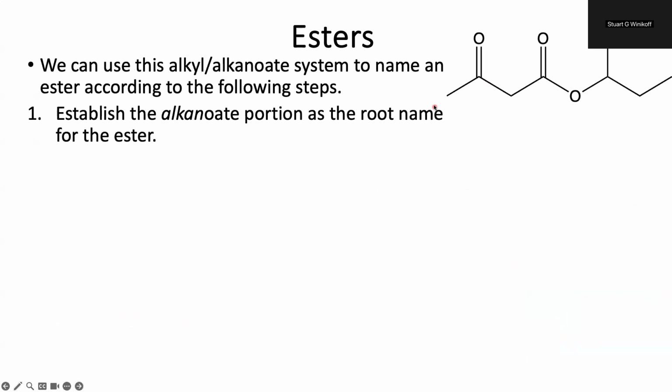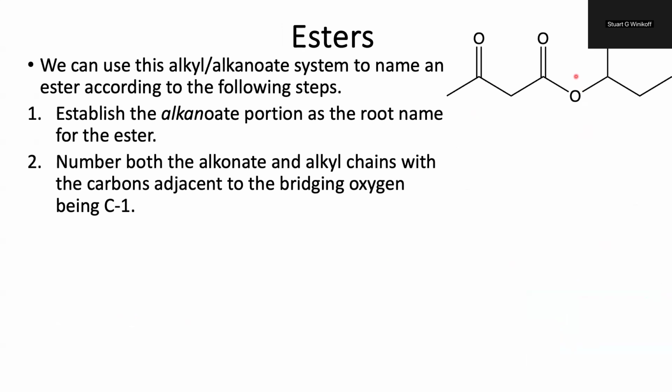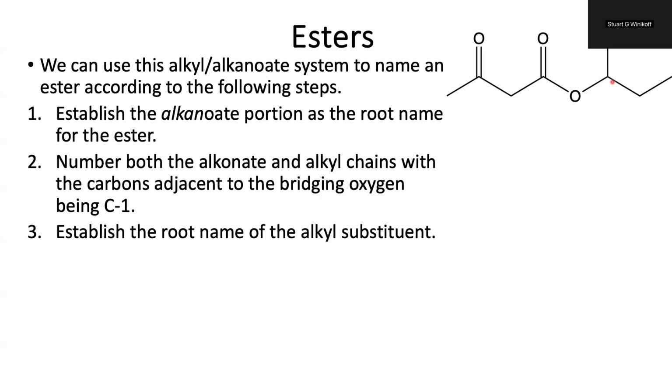So, working through naming an ester, we're going to name it through 2 portions. First, we're going to identify what our alkanoate portion is. Then we're going to go ahead and number both the alkanoate and alkyl chains, identifying our main groups. And again, in each case, that carbon next to the bridging oxygen is going to be receiving that C1 designation. Then we're going to establish the root name of the alkyl substituent.